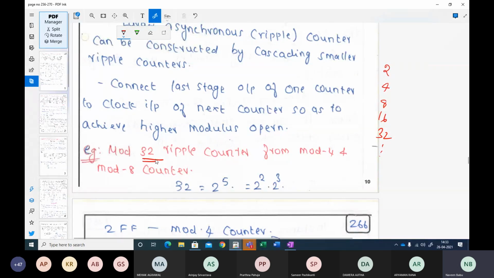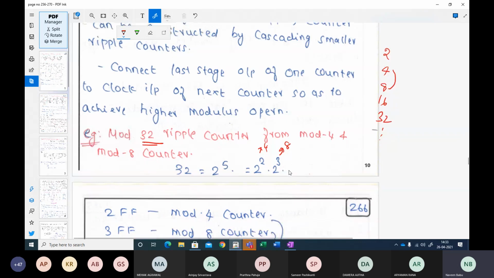So I can cascade, and it is clearly given in the problem that you have to use mod 4 and mod 8 counters only. So 32 can be written as 2 power 5, and 2 power 5 can be written as 2 power 2 times 2 power 3. 2 power 2 is nothing but a 4 counting sequence, and 2 power 3 is nothing but an 8 counting sequence.